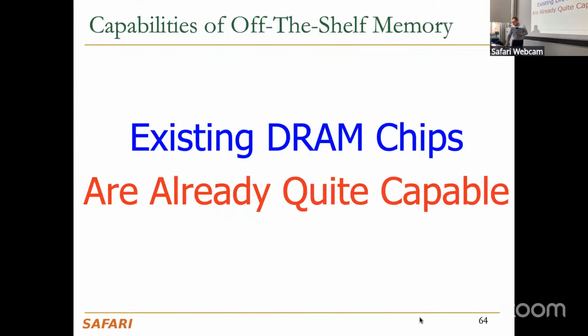Okay, so let me switch gears a little bit and say that this is all theory, right? If you think about it, all of this is in simulation, and we assume that we could do these operations in DRAM chips. And that's been some of the criticism, including unfair criticism of this work.